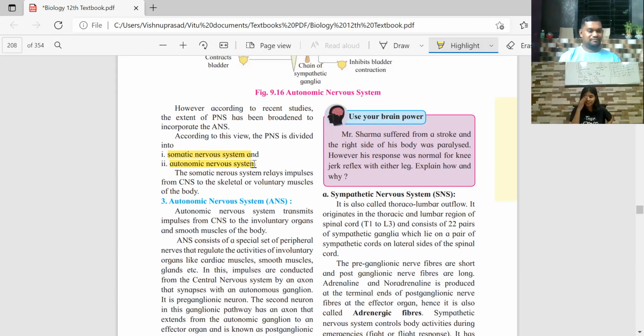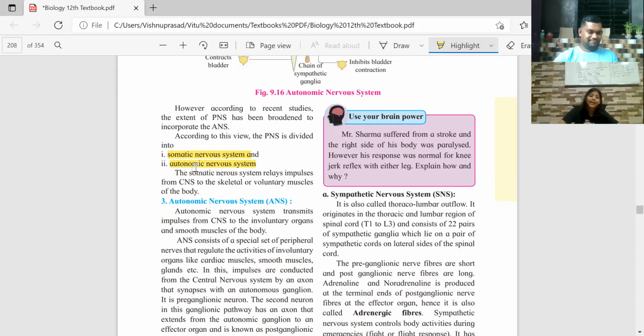Somatic nervous system, somatic मतलब body nerves. Somatic nervous system क्या करते हैं? It relays the impulses from CNS to the skeletal muscles of the body. पूरे शरीर में skeletal muscles हैं, वहां तक CNS nerve supply करेगा. That is called somatic nervous system.